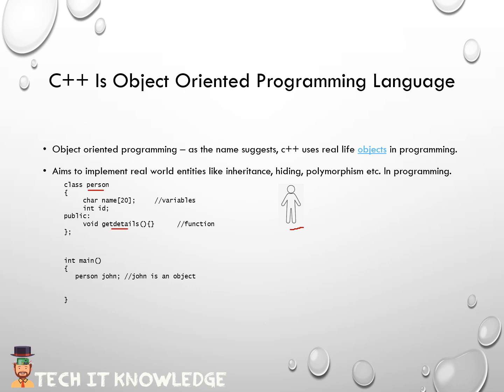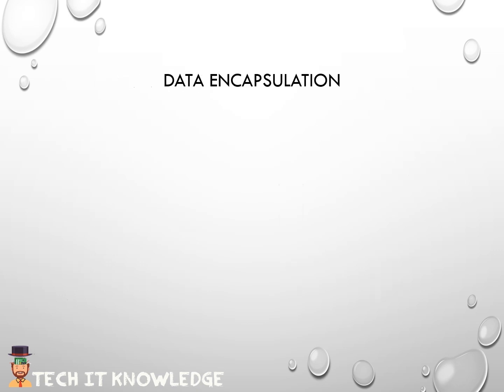So we will create an object of this user defined class. So we have created the object John. So John will have name and ID. Then we will again create another object with name Lily. So Lily will have a name and ID.